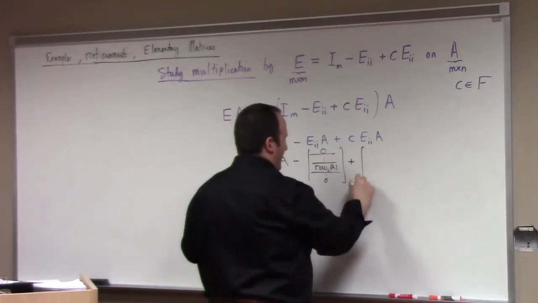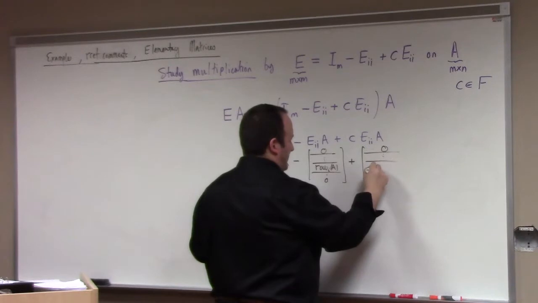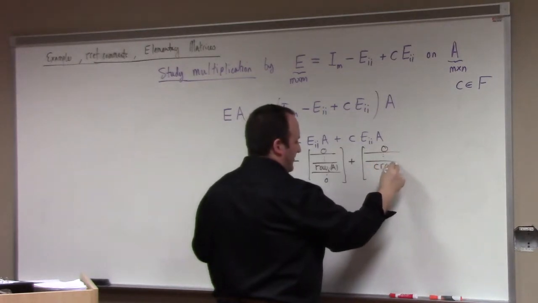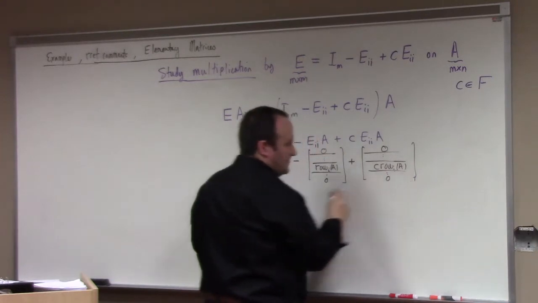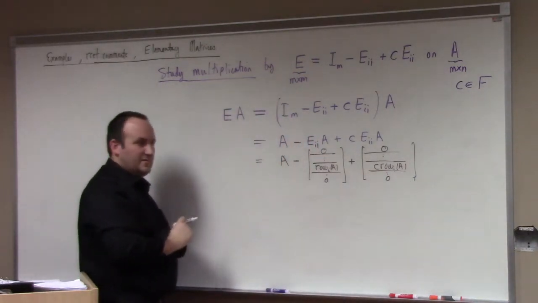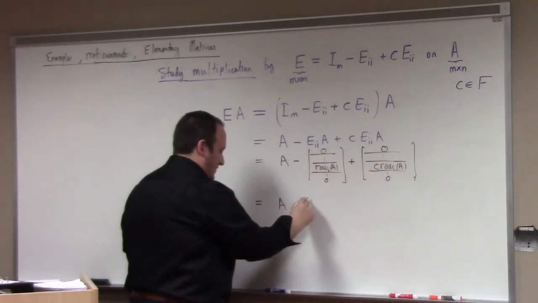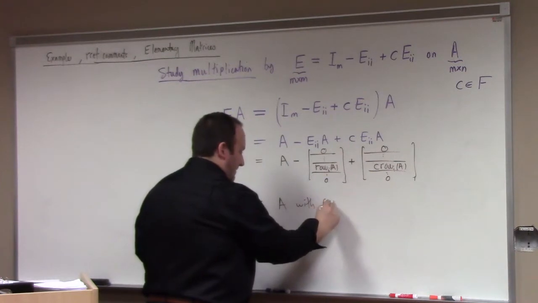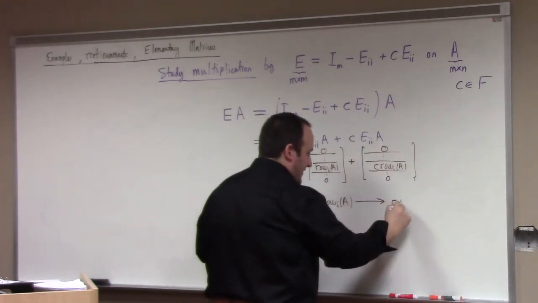Plus the same thing, right? Except we have c times row i in the ith row, right? So what does this do? This is A with row i replaced with c times row i.